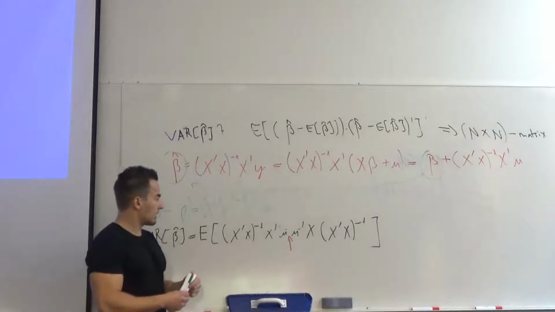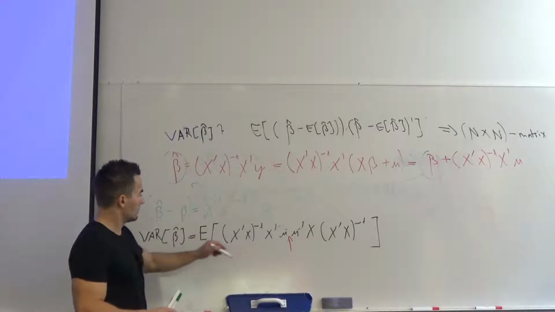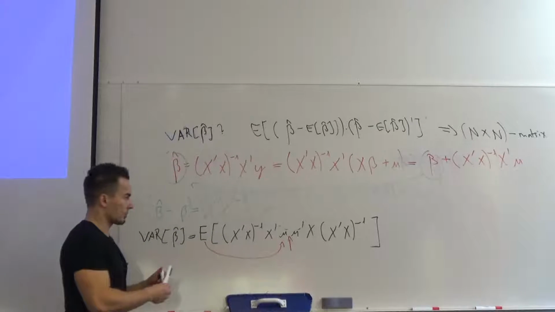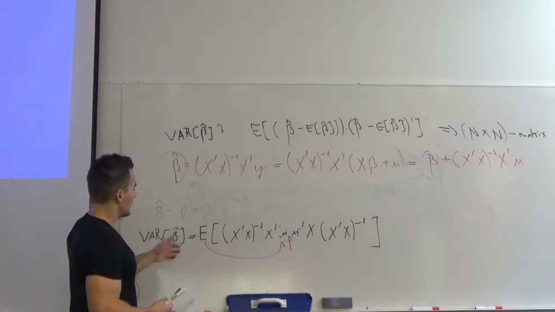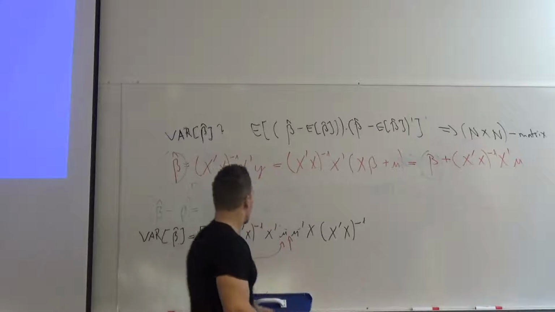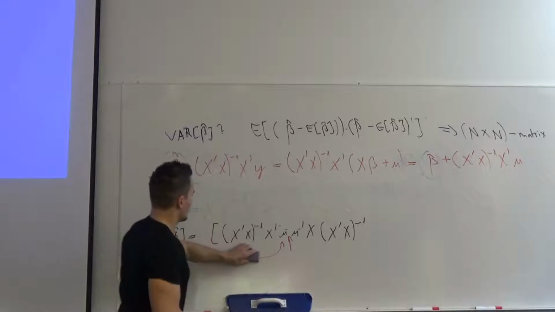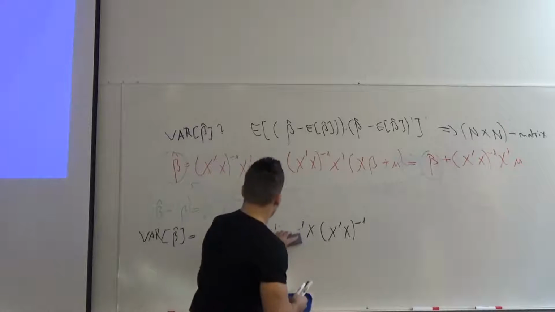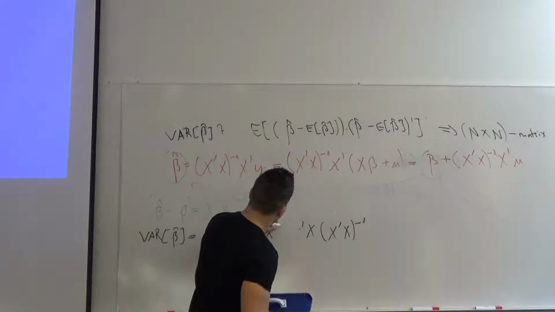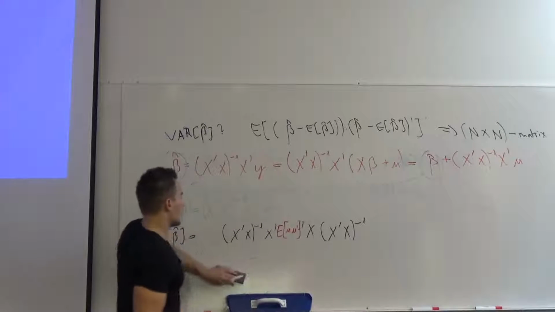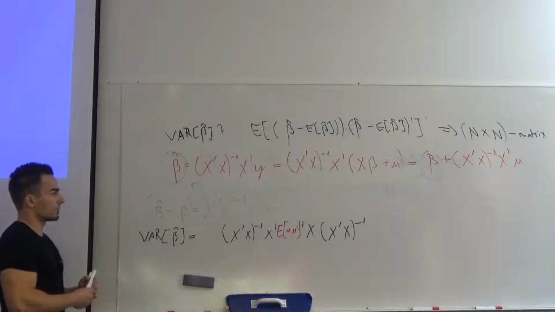So we can move the expectation operator into the parentheses because only this is random here. Let's move it in. So what we get is here then times the expectation of u times u prime.